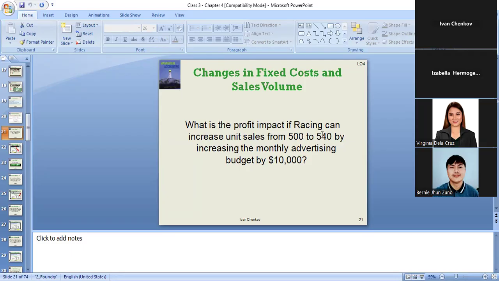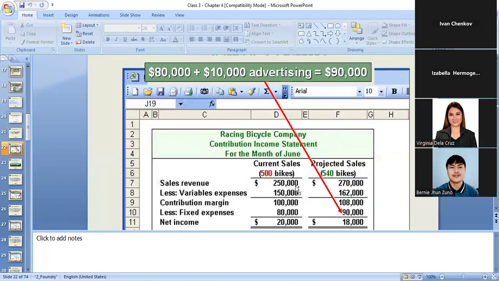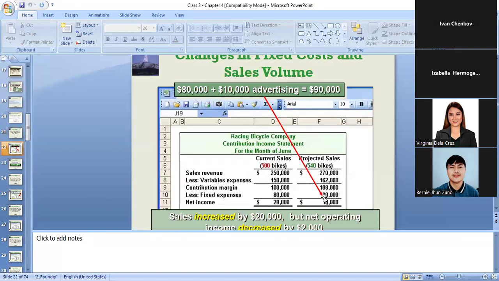If they increase their sales by only 40 units, that's going to give us an additional $8,000. But $8,000 is not going to be enough to cover the $10,000 advertising budget. So technically they're going to lose $2,000. In that case, it's not advisable for them to go in that direction because they're going to lose $2,000 from that increase in the fixed expense.